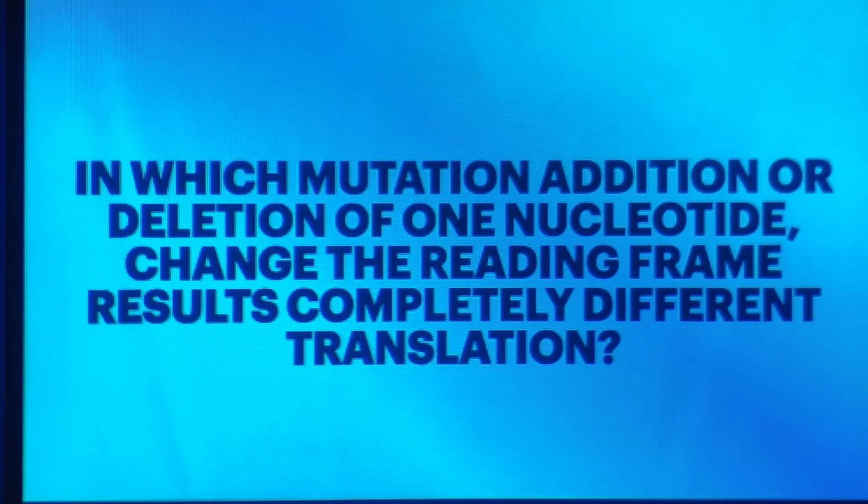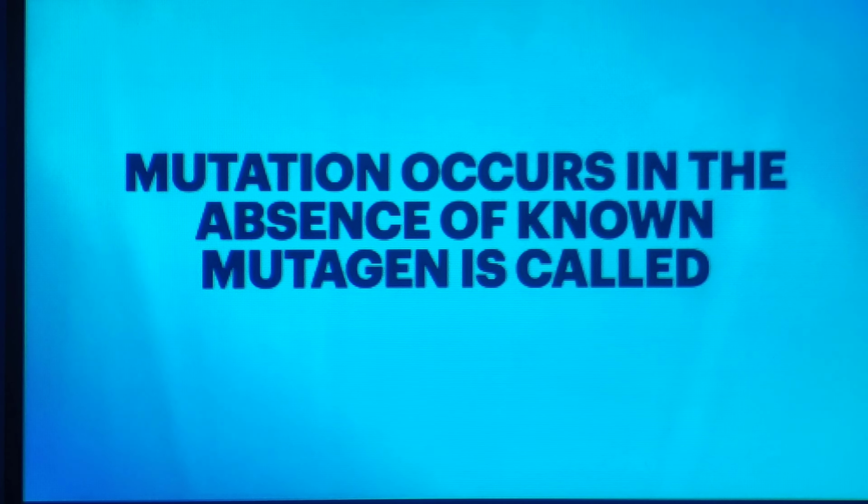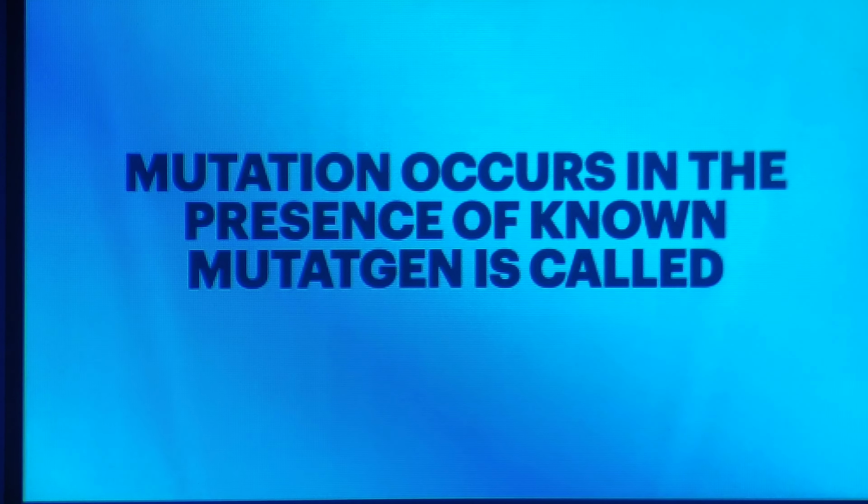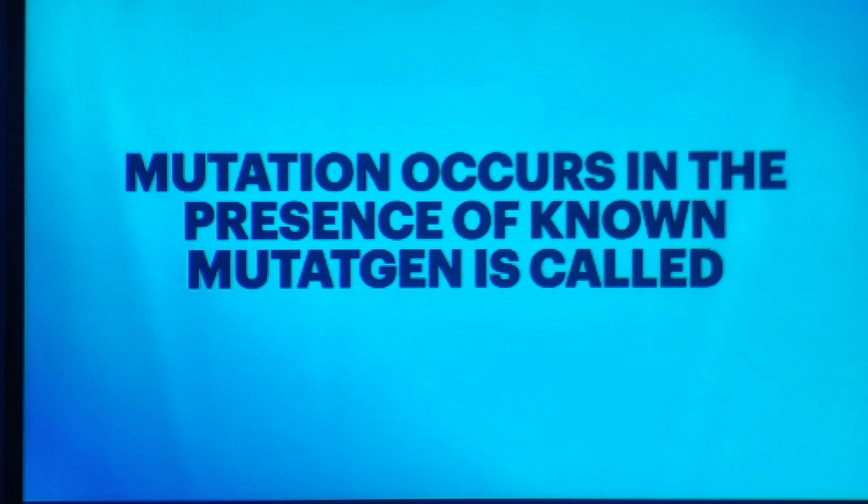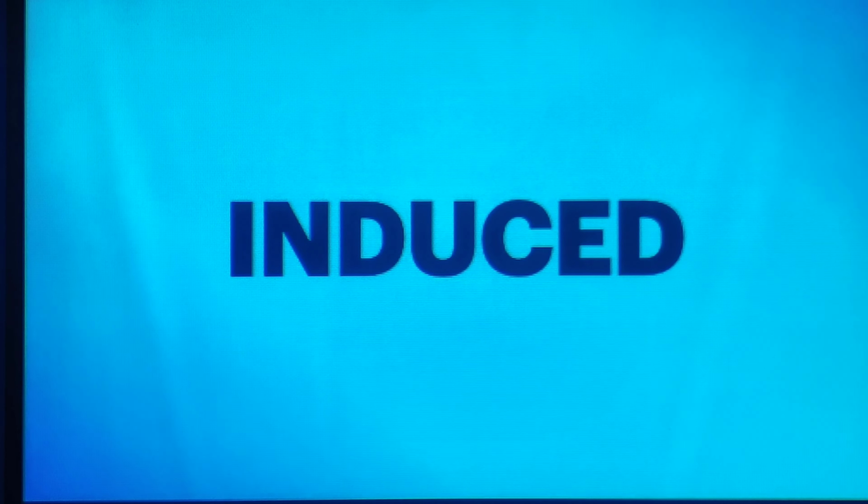In which mutation addition or deletion of one nucleotide change the reading frame results completely different translation? Frame shift mutation. Mutation occurs in the absence of known mutagen is called? Spontaneous mutation. Mutation occurs in the presence of known mutagen is called induced mutation.